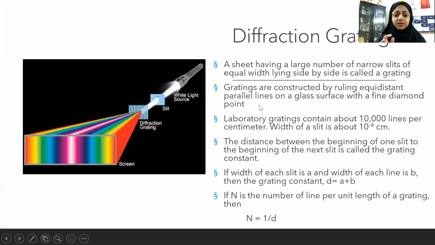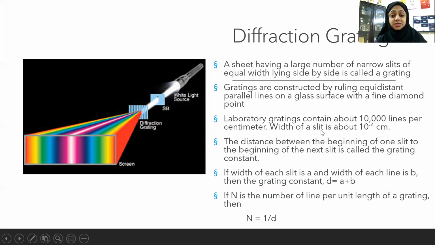So with a fine diamond point on a piece of glass, parallel scratches are made, and then you get the diffraction grating. Laboratory gratings contain about 10,000 lines per centimeter. So these lines are placed very close to each other. In 1 centimeter width, there will be around 10,000 lines.